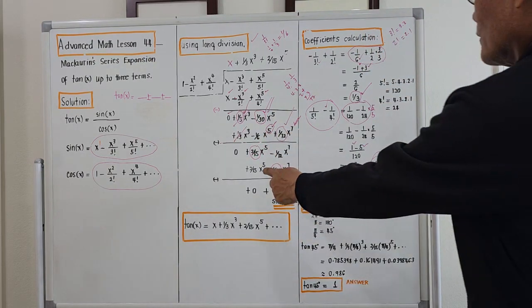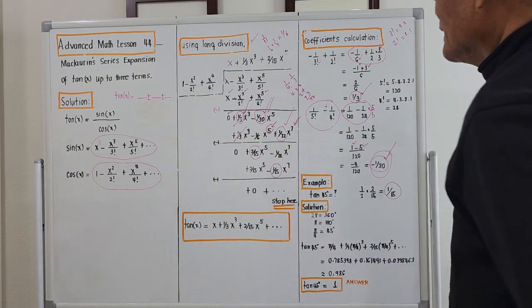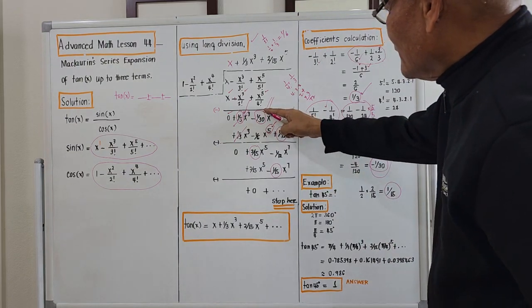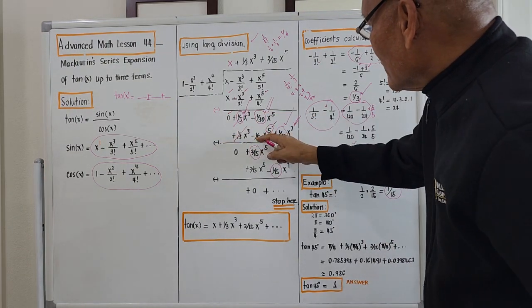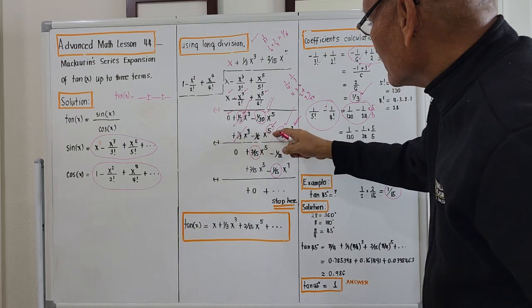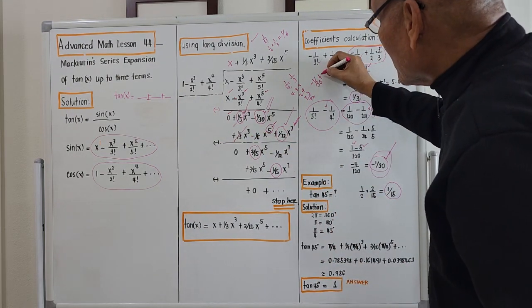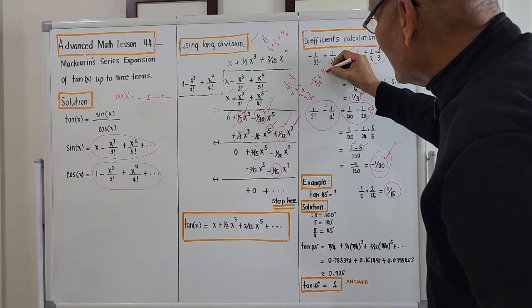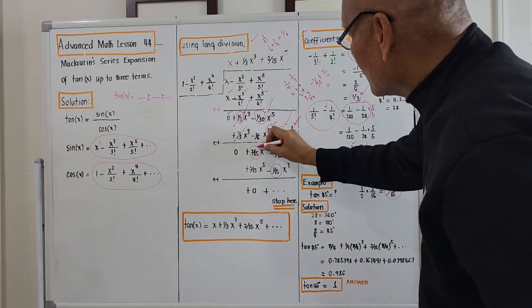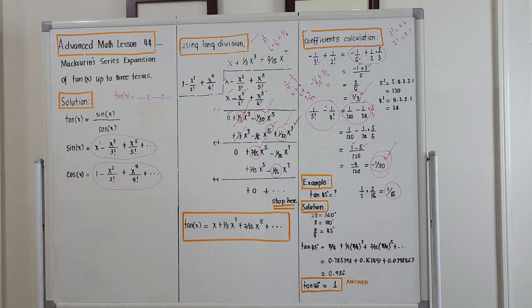That's how we got the coefficient. Minus 1 over 30 minus open parenthesis minus 1/6. This will become plus 1/6. So meaning minus 1 over 30 plus 1/6. What will come out will be 2 over 15. Okay? What's next?